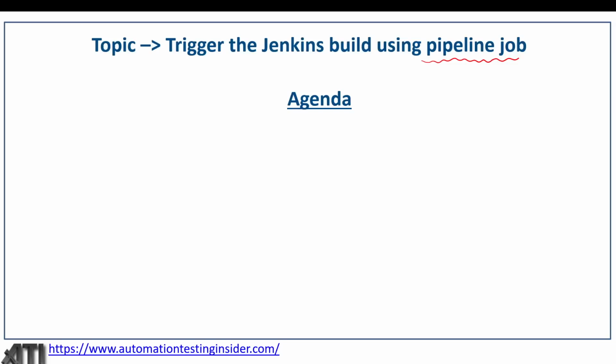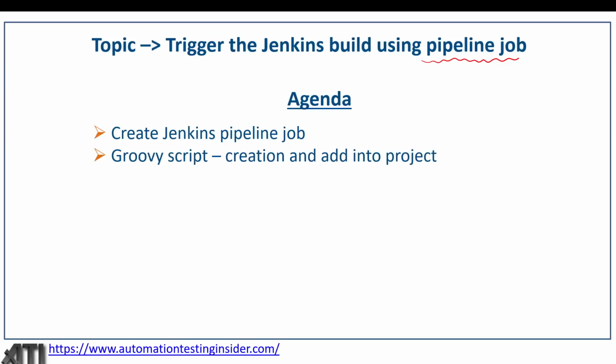So let's have a look at the agenda for today. We are going to talk about how to create the Jenkins pipeline job for our Selenium framework, and later on we'll talk about the Groovy script. We create the pipeline job using Groovy script, which is an object oriented programming script for the Java platform. There are two ways we can create Groovy script: one is declarative script and another one is scripted pipeline. The scripted way is more complex, but the declarative way is very easy, so I'll show you that one.